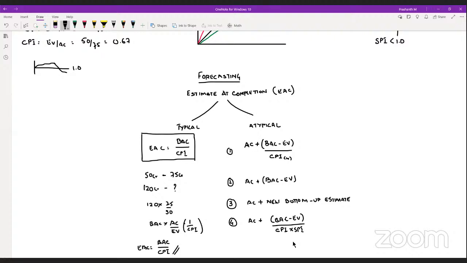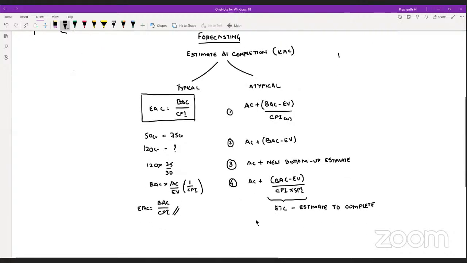All right. The next part we will discuss now is the estimate to complete. This right side part we call ETC, estimate to complete. To complete the remaining work, what is the estimate that we are making? So what is the formula to calculate EAC in a typical way?